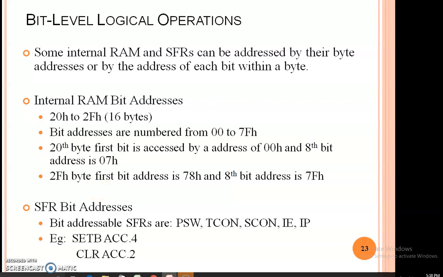The next bytes, 20H to 2FH, 16 bytes, are bit addressable memory, which means one byte can be divided into 8 parts, and one bit can be accessed by its address. So addresses are 00 to 7FH. You can use any single bit address to do the programming.